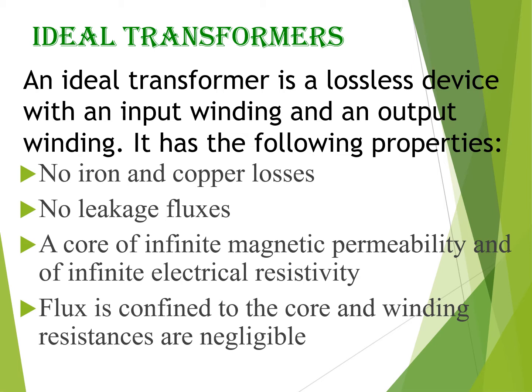In our earlier video, we have already seen what a transformer is and what losses are found in a transformer. So in this video, we are studying the ideal transformer. It means that there is minimum or no loss. Ideal transformer means there won't be any losses.